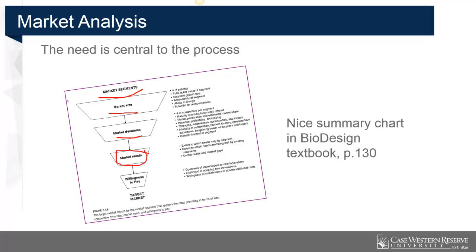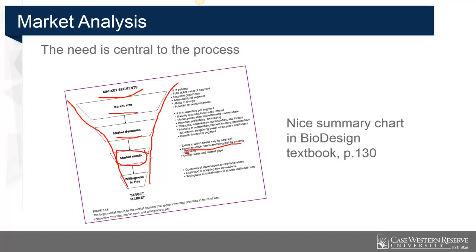So what we're starting to see is that the funnel, if you will, the number of players, the number of people, the number of candidates in a specific market, are going to be channeled significantly. Essentially, in the market needs, we need to look at the extent to which needs are being met by existing treatments.